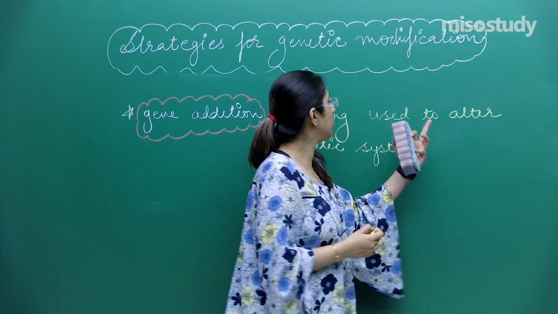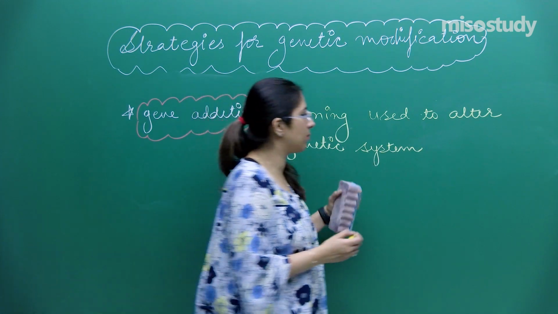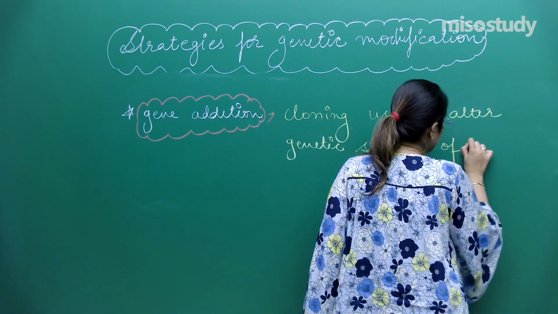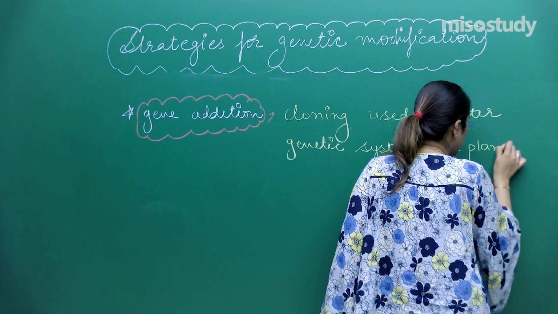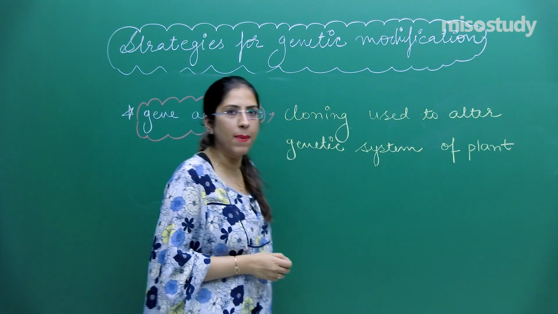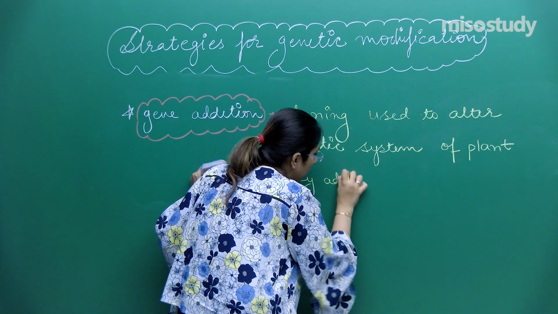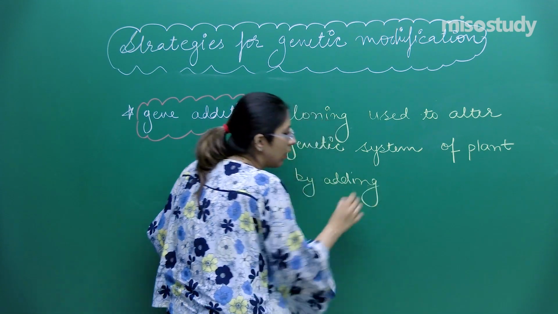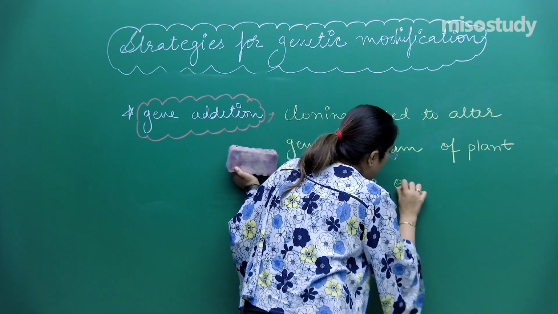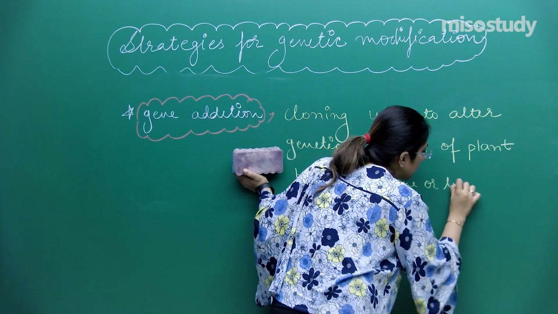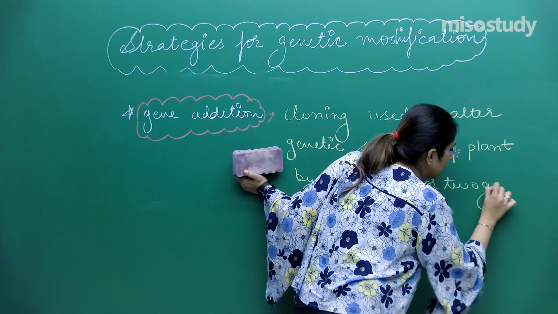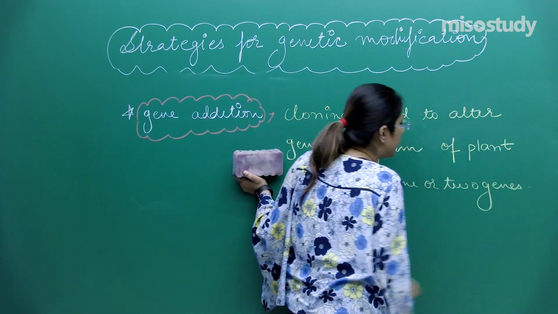Cloning used to alter the genetic system of plant by adding one or two genes, or there may be a number of genes.